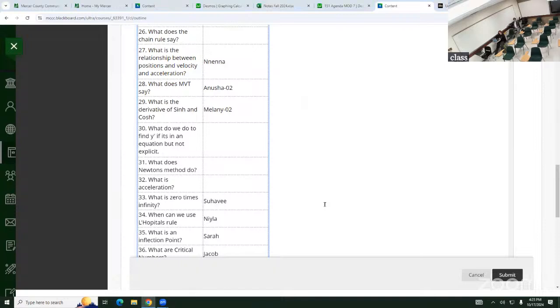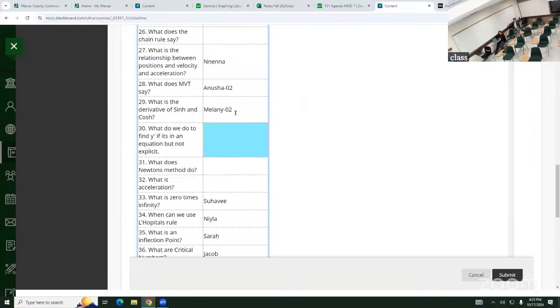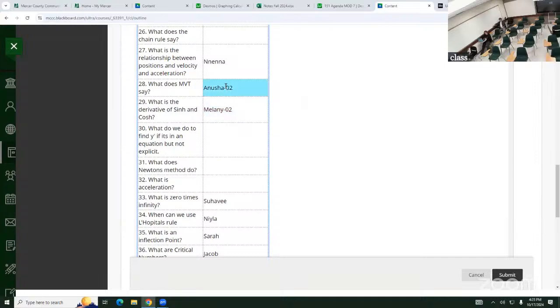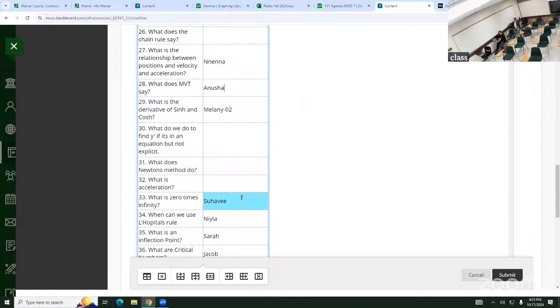Hi. Zero times infinity can be anything. Zero times infinity could be anything. Anusha, what does the mean value theorem say? I see you're here. You weren't here. Go ahead. The mean value theorem says... It's an application of derivatives.